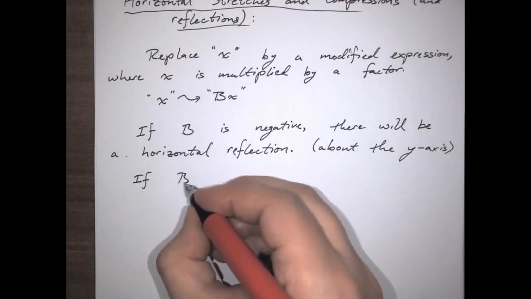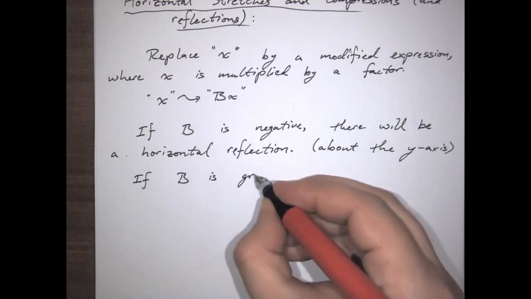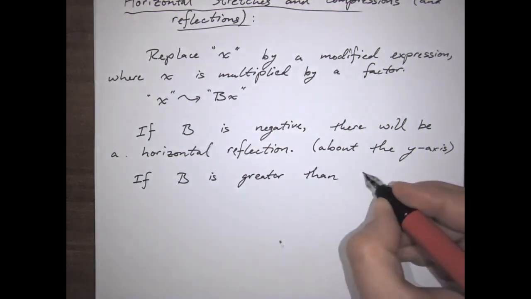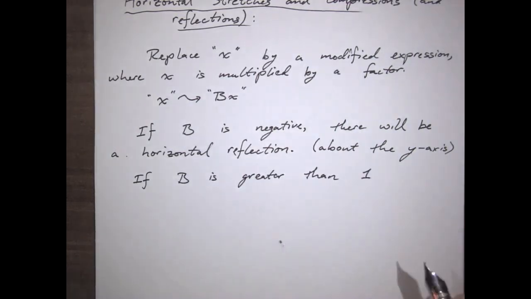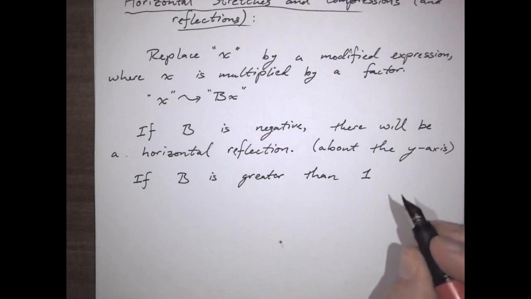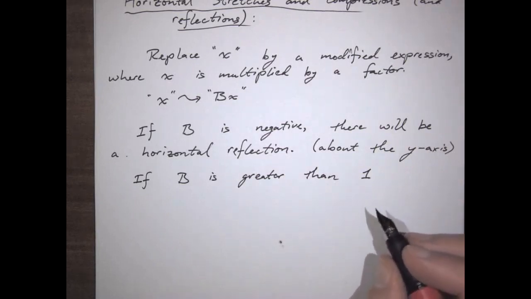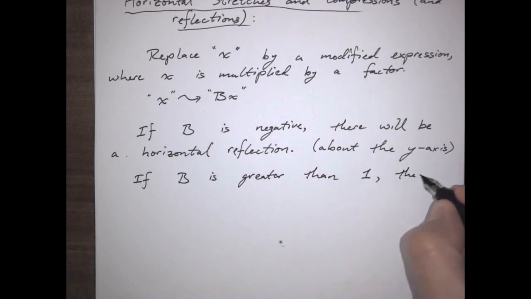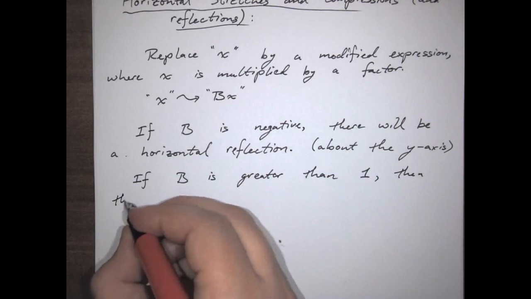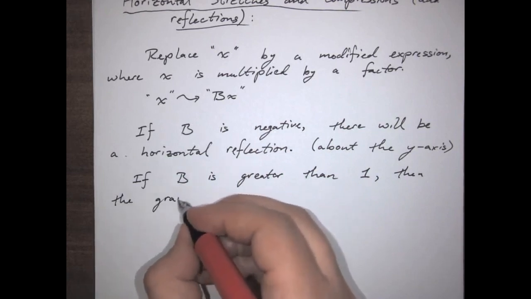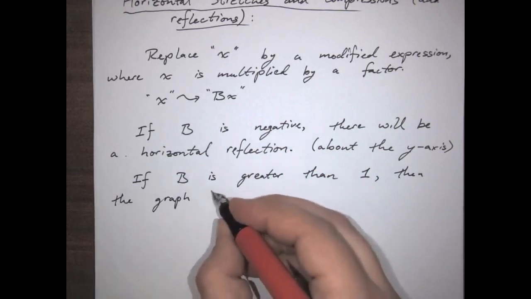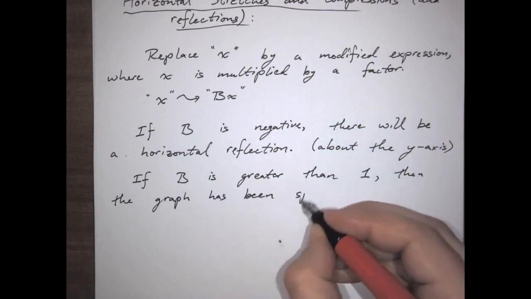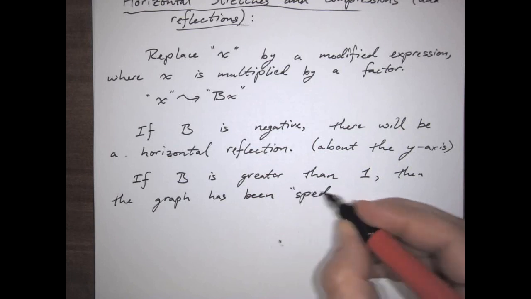If b is greater than 1. So just like with vertical stretches and compressions, 1 is the threshold, but now the conclusions are all backwards. So if b is greater than 1, then the graph has been sped up.